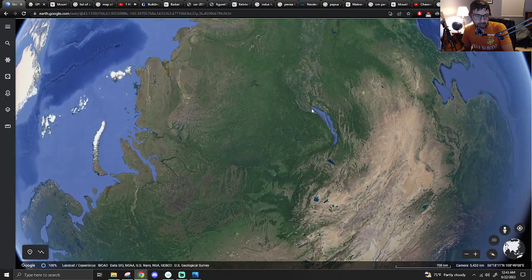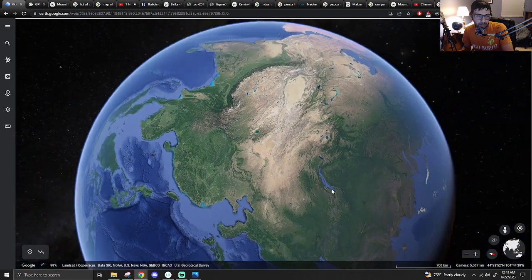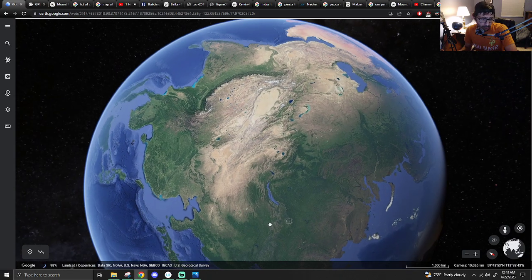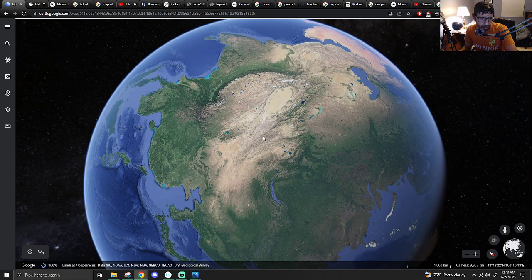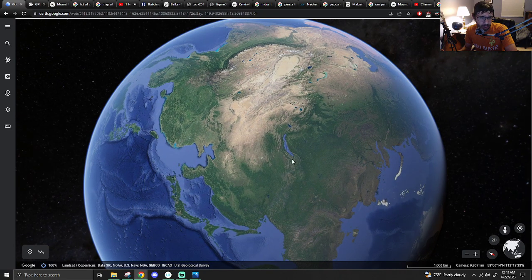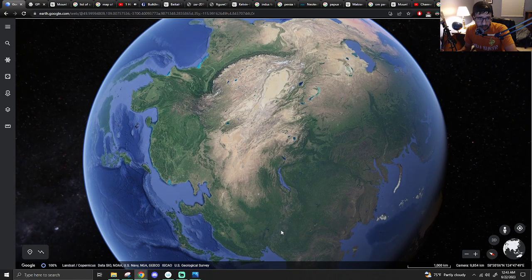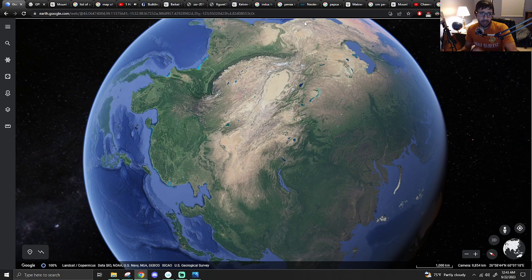Over by Baikal, which is definitely related to the East African Rift. These lines point at that. Now that I'm saying that though, it probably is more related to this boundary. And that's almost a secondary boundary.